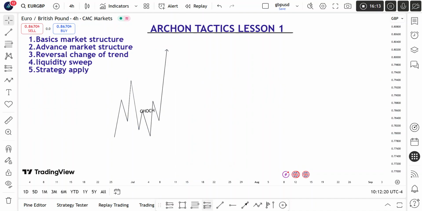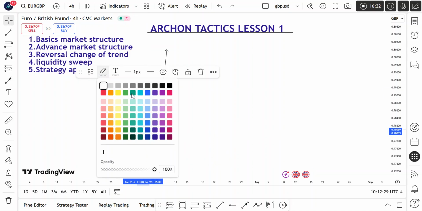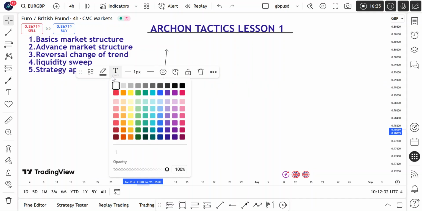What is the other one first? Okay, I'm going to put on this one. I'm going to mark it like that. Let's make this one black.